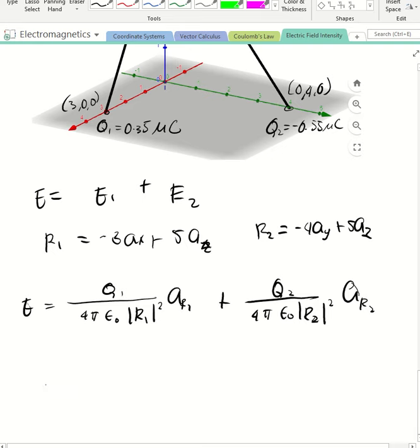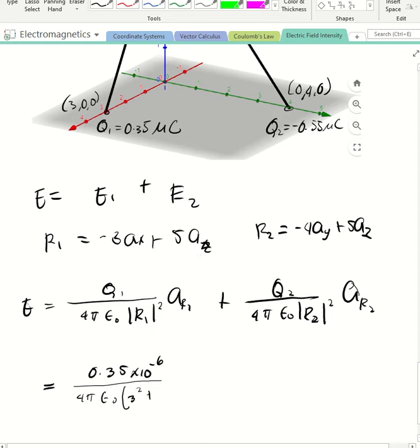And this will be equal to, so what's Q1? Q1 is 0.35 micro. So 0.35 times 10 to the negative 6 all over 4 pi epsilon naught. Then what will be R1 squared? The magnitude squared, so you just remove the square root. You just square the components of R1. R1 is negative 3ax plus 5az.